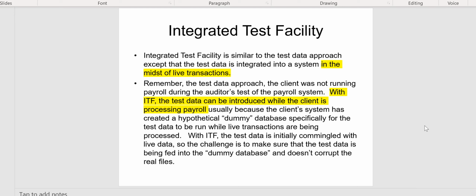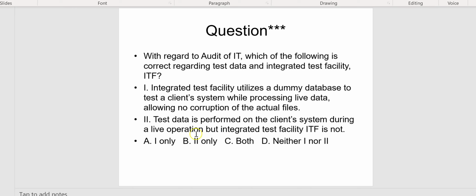All right, with regard to the audit of IT, which of the following is correct regarding test data and integrated test facility, ITF? One, integrated test facility utilizes a dummy database to test the client system while processing live data, allowing no corruption of the actual files. I like that one. Two, test data is performed on the client system during a live operation, but integrated test facility, ITF, is not.